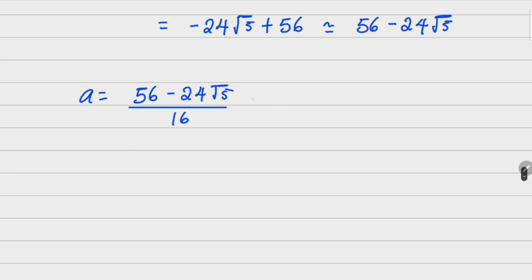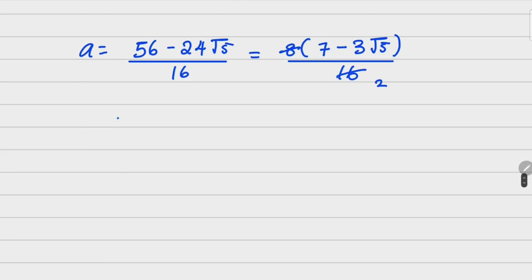Therefore, you see, I can actually factorize 8 out, so that I'm going to have 7 minus 3 root of 5, close the bracket, all over 16. Then this one will cancel this, that is 2. So my a finally will be 7 minus 3 root of 5 all over 2. So this is my final answer.